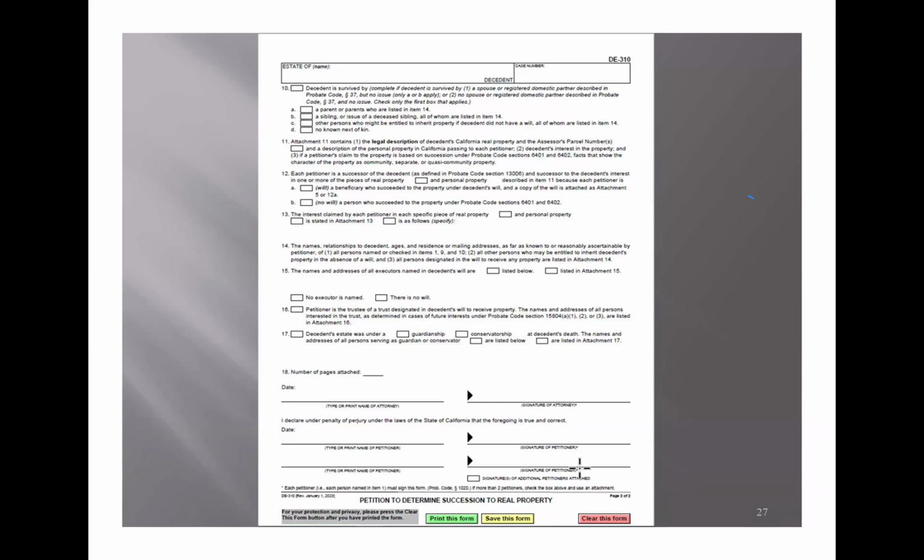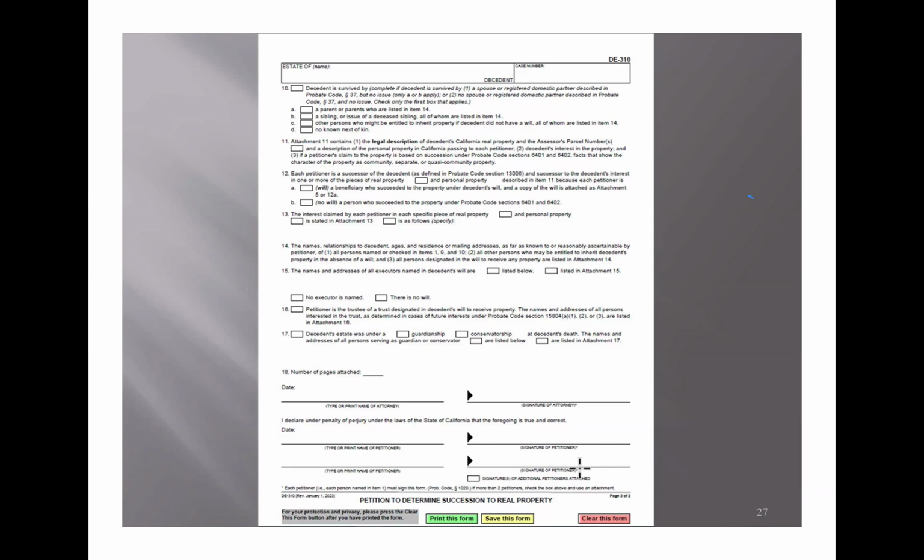And then number 10, you're only going to complete this if there was a spouse but no children, or there's no spouse and no children, like no issue, no descendants. So unless you're in that situation, you just leave it blank, all right? If you meet that, say the spouse survives, but there were no descendants, or there's no spouse and no descendants, then you check the first box that applies.